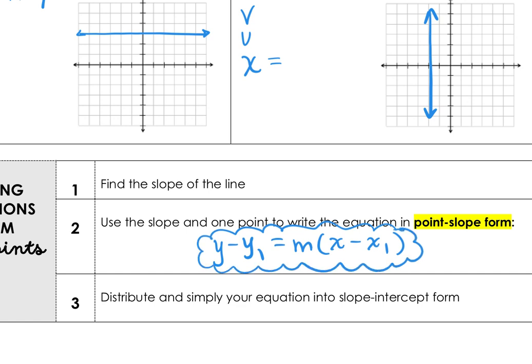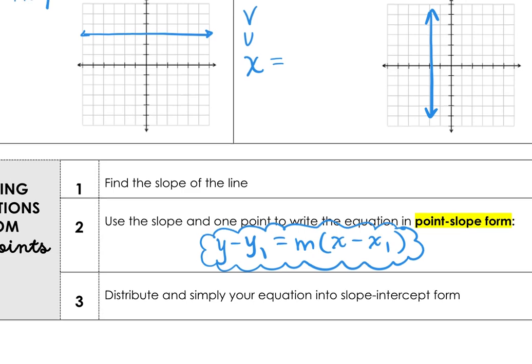So this form of a line is going to allow you to write an equation as long as you have a slope and a point. Hence why it's called point slope form. Mathematicians weren't very creative. They said, I got a point and I got a slope. Let's call it point slope.